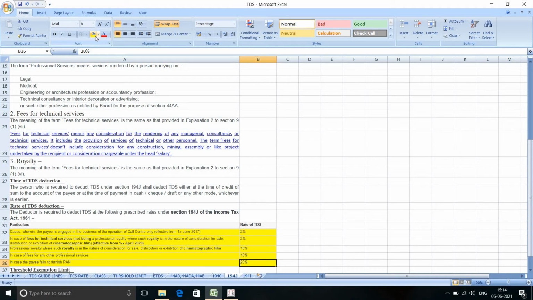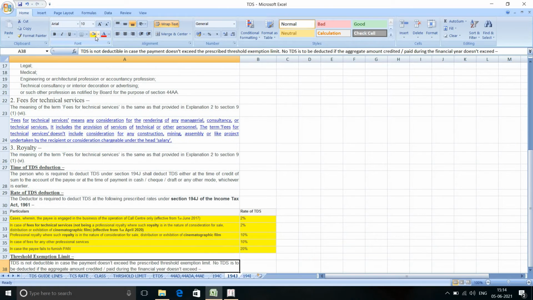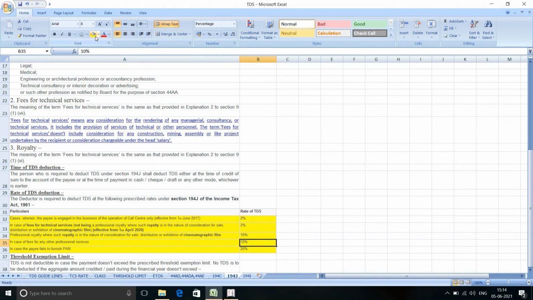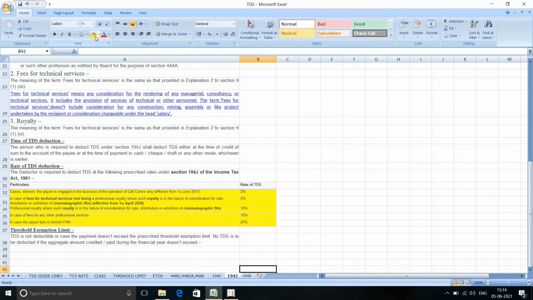If your service supplier doesn't have PAN, you have to deduct 20% TDS. So for professional charges 10%, for technical services 2%, for call center 2% TDS we have to deduct.